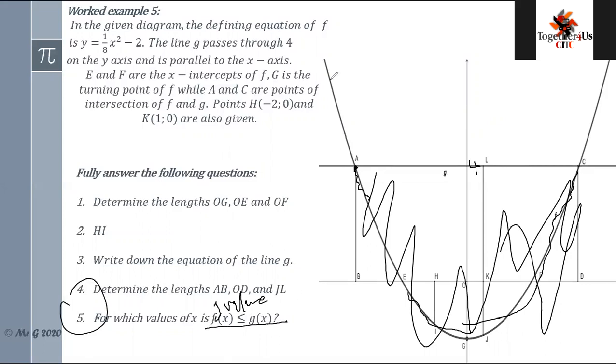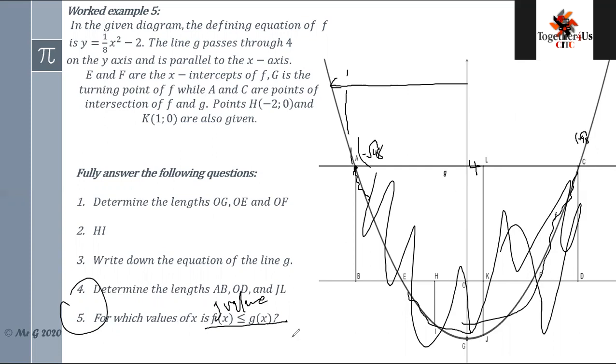This one does not, because you can see the y values of the parabola are above 4 here. The y value here is way above 4. So the region that we consider, what was the x coordinate at A? We had found it. It was the square root of 48. Remember that. At C, this one was minus the square root of 48.